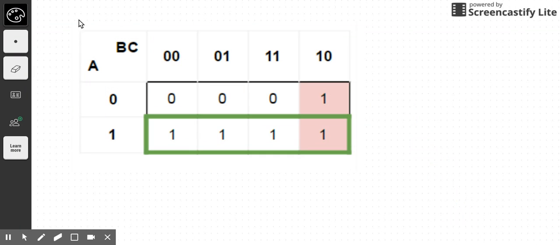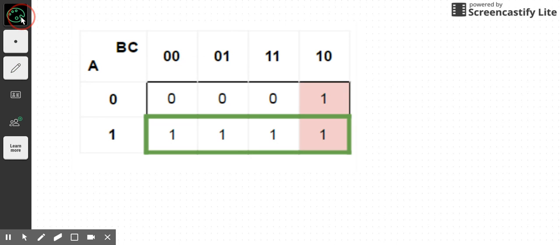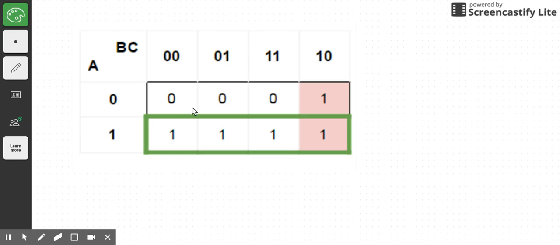All right, so now we're going to look at the 3-input Karnaugh maps. And I can see I have 2 groups here. So let's start off with the nice big green group across the bottom. And hopefully by now you're learning that when you're in multiple columns, if you take up the whole row or the whole column, that means that all of these variables that go across there are going to disappear.